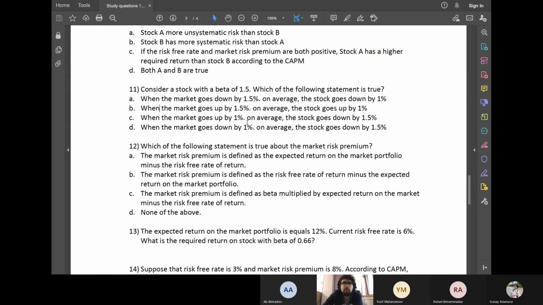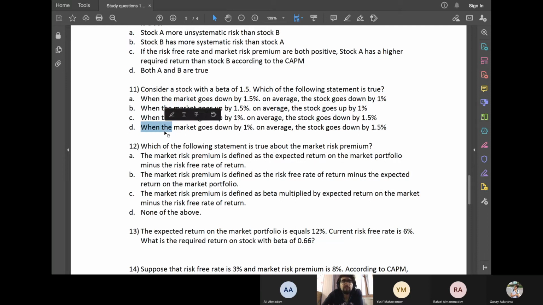When the market goes up by 1% on average, the stock goes down by 1.5%. That's also not true because we have a positive beta, not a negative beta. In the negative beta case, yes, it's true. If a company has a stock beta of minus 1.5, then if the market goes up by 1%, the company stock will go down by 1.5%.